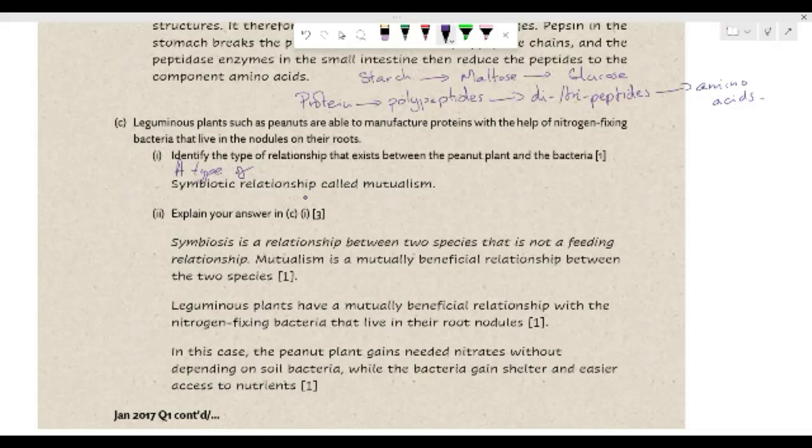You're saying that it's a symbiotic relationship. So therefore, you want to say what a symbiosis is, and then what mutualism is, because mutualism is a type of symbiotic relationship. So you give a little definition there, right?